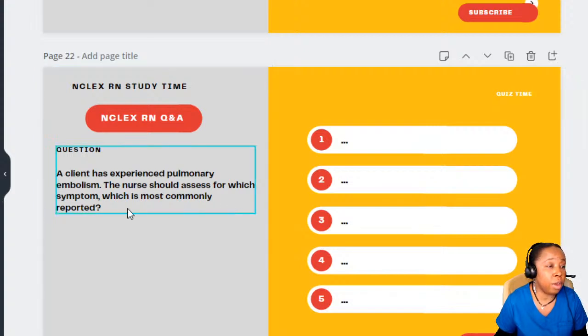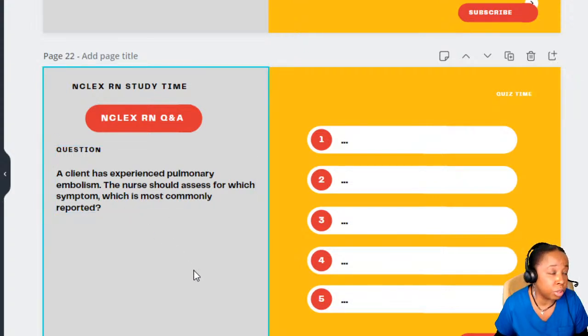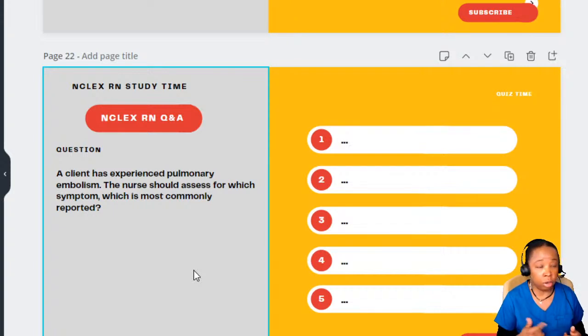Okay, that one is about a patient who has pulmonary embolism. You know what an embolism is? It's when the patient has a blood clot. You know, this is a life-threatening situation. The blood clot could be in the lung or brain or the heart and all that.